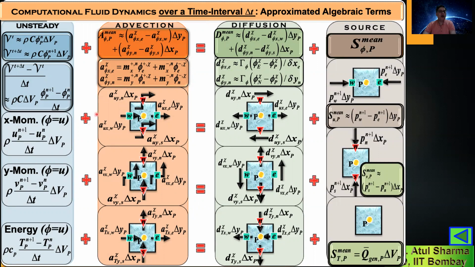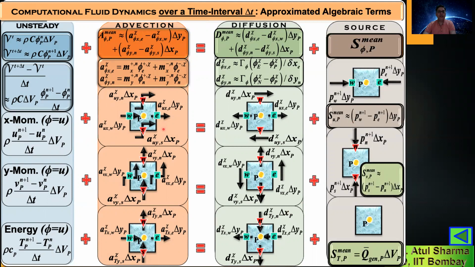I had shown you earlier these three together, and then these three together. Then I had shown you these three together corresponding to x momentum, these three together corresponding to y momentum, and these three together corresponding to the energy equation. Now in this slide I'm showing you everything: all the advection, all the diffusion, all the source for x momentum, y momentum, and energy conservation.